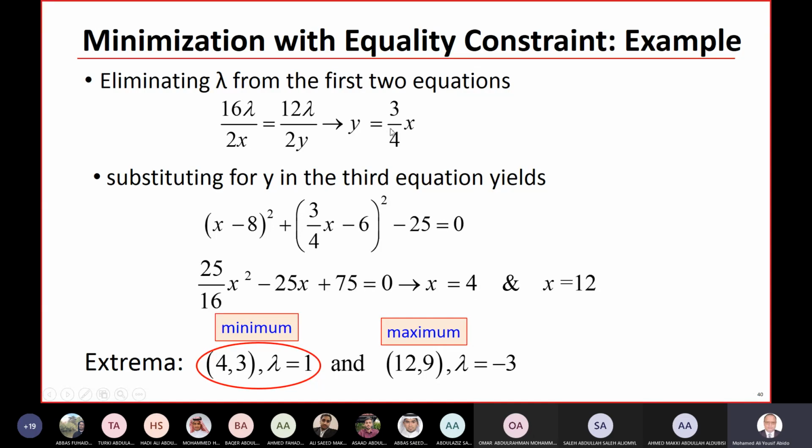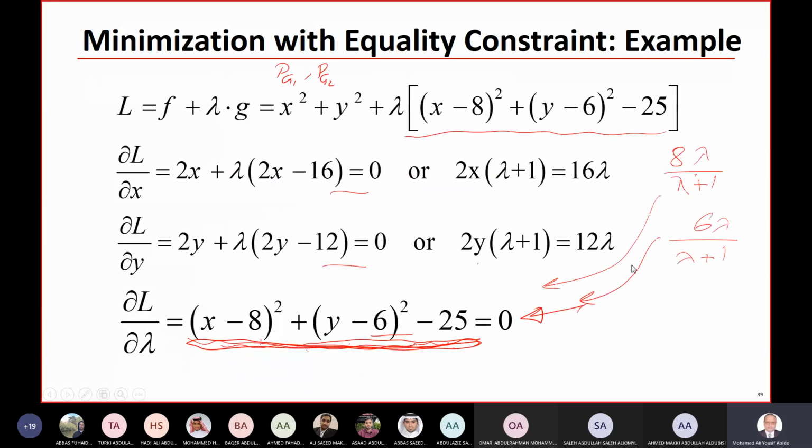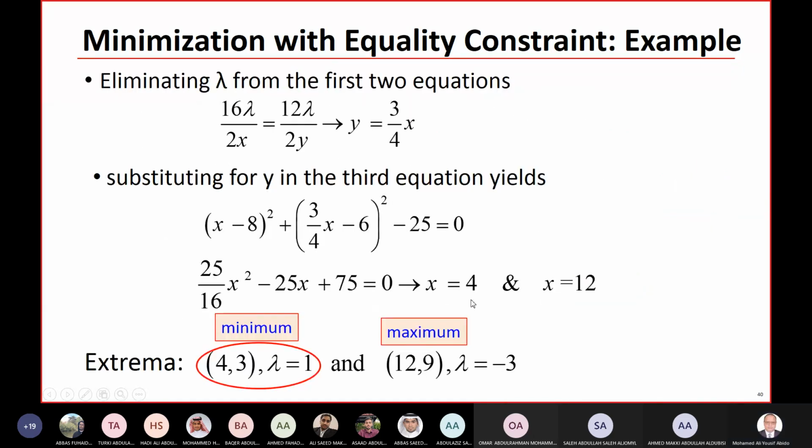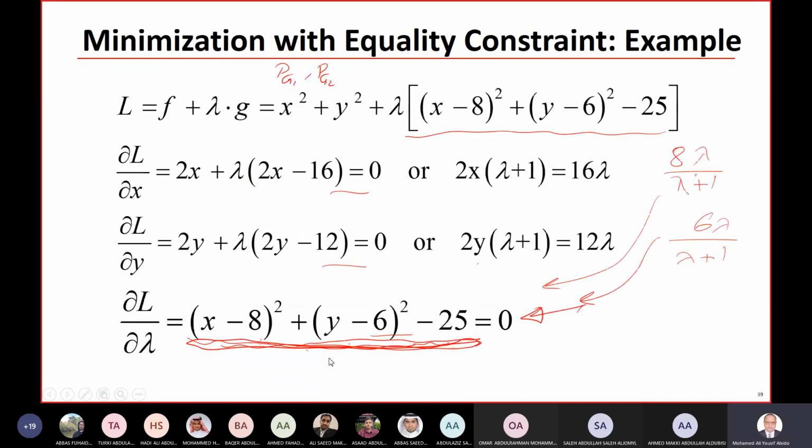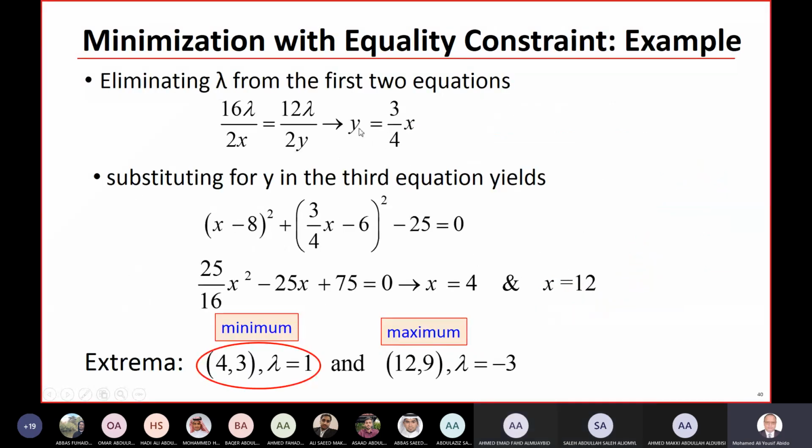If x equals 4, then y equals 3. And if y equals 3, then this is 18 over 4, so 4.5. So lambda, am I right? That's the value of y, Doctor, not lambda. No, I mean here if we solve and we get x equal to 4, then y equals 3.